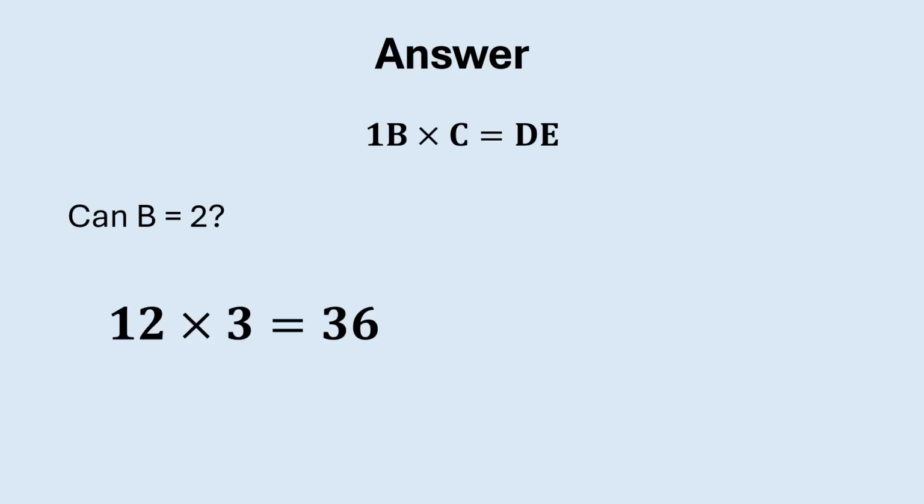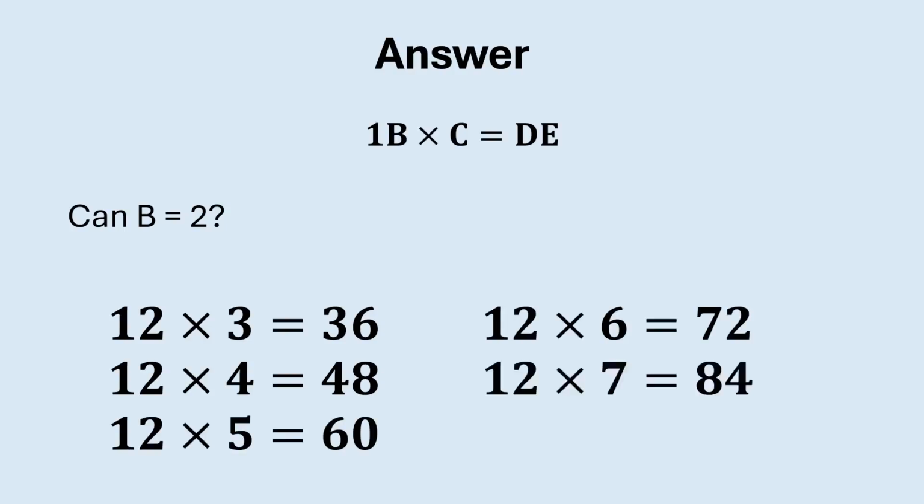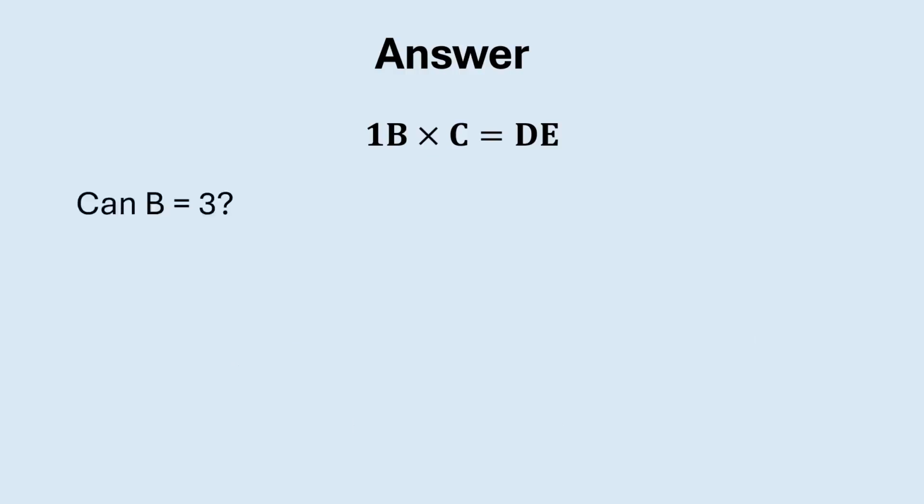For example, 12 times 3 is equal to 36, 12 times 4 is equal to 48, 12 times 5 is equal to 60, 12 times 6 is equal to 72, 12 times 7 is equal to 84, and 12 times 8 is equal to 96. As you can see, none of them will satisfy the equation in the question, so that means B cannot take the value 2.